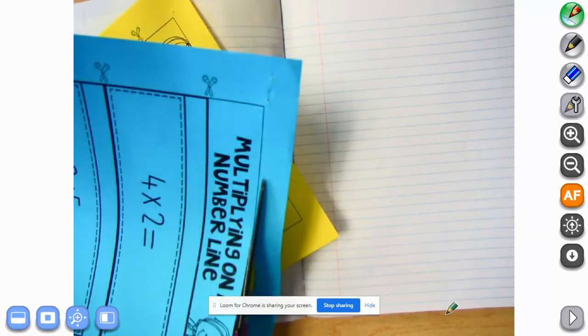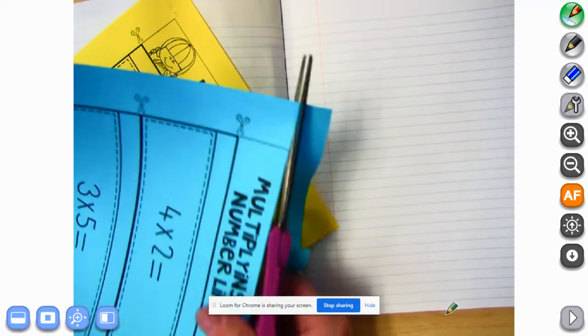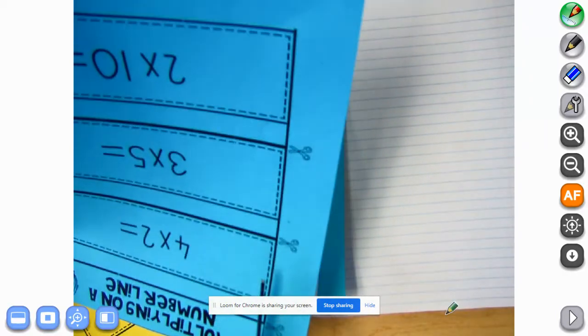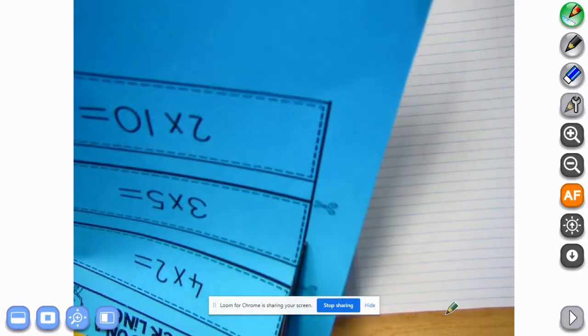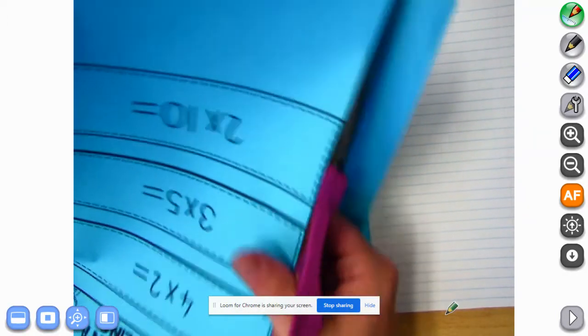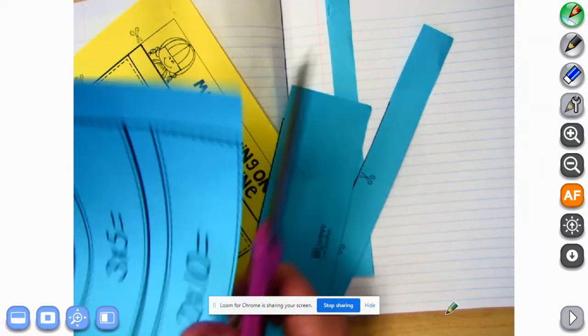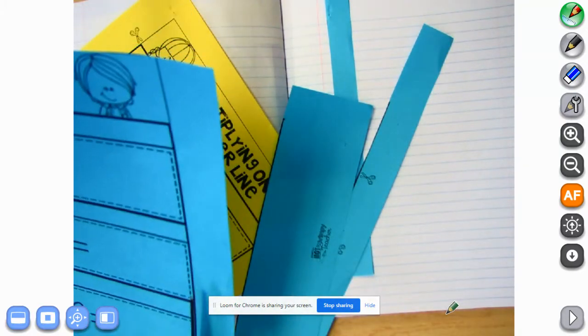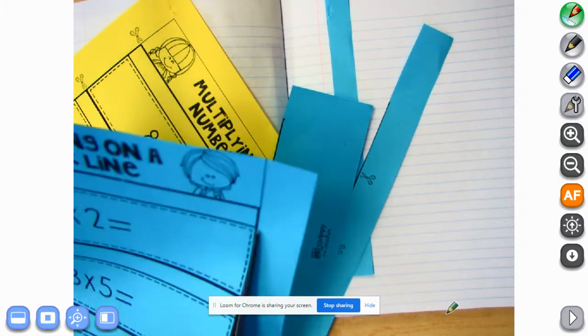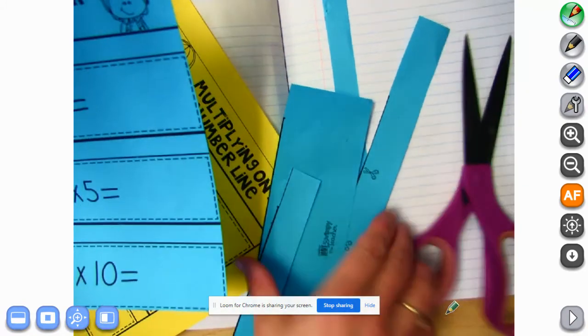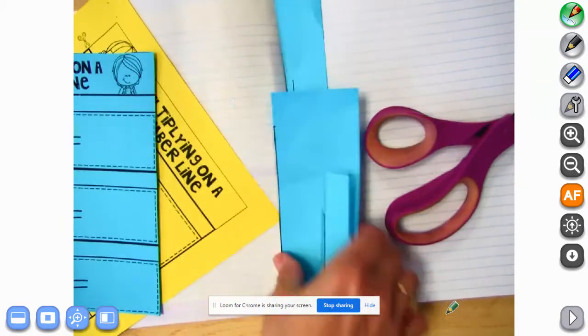Cut around the outside here. Cut around the outside some more. Okay, throw that away.